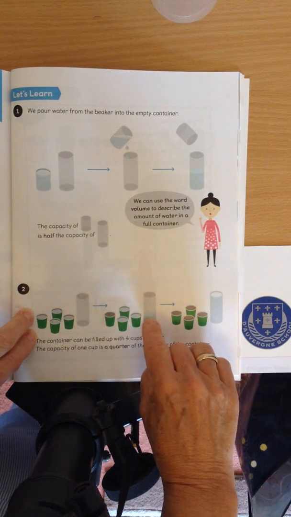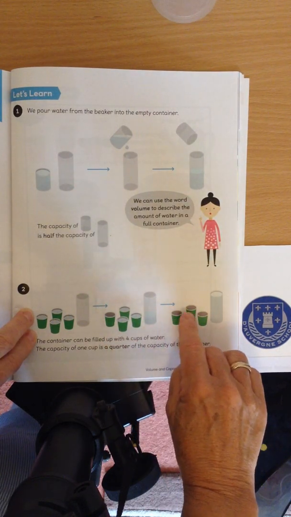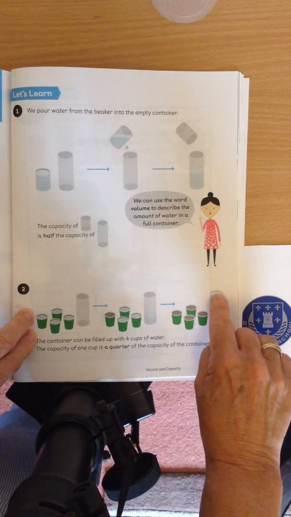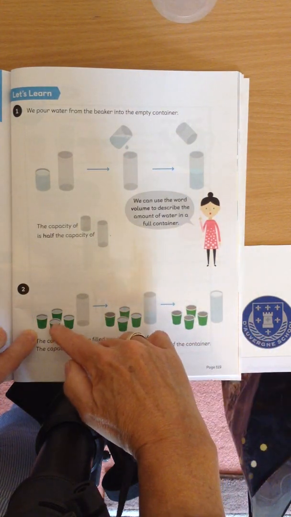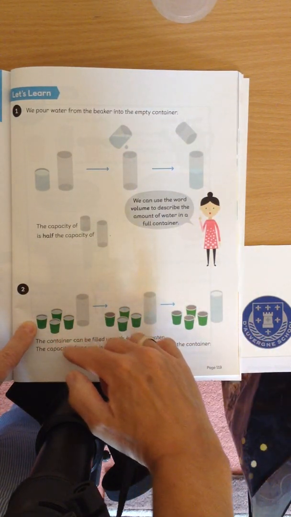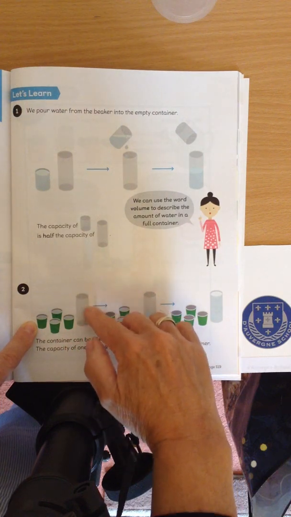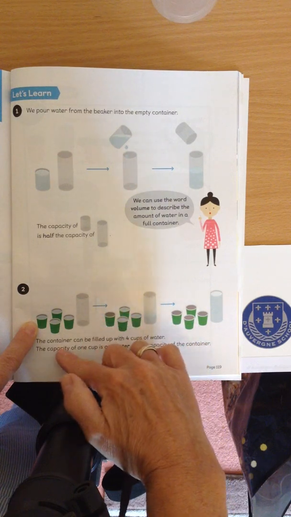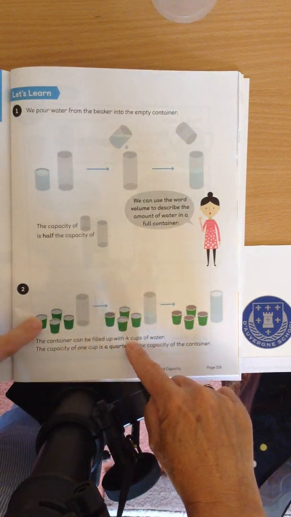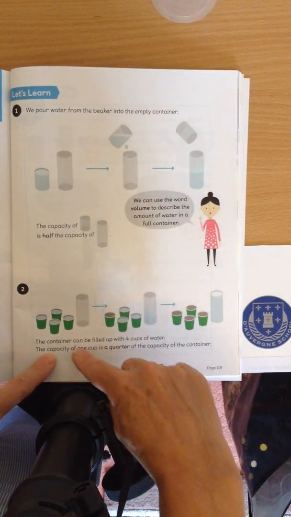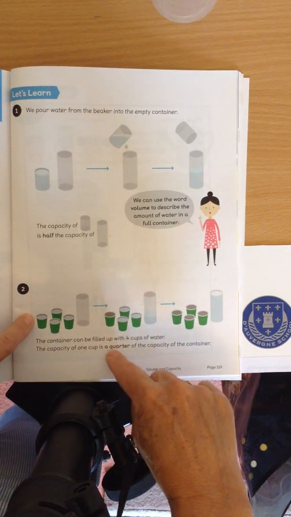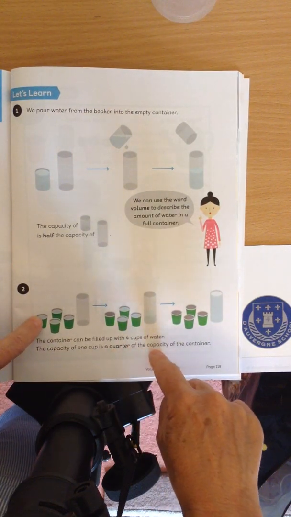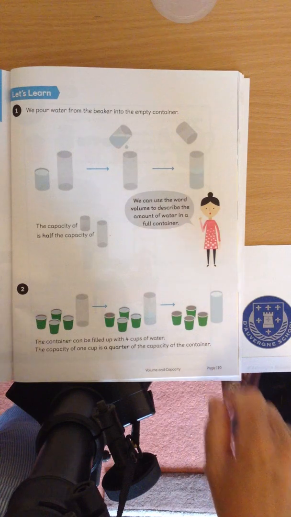We pour 2, 3, 4 in, and it's full. So the little green cup holds a quarter of the tall beaker. The container can be filled up with 4 cups of water. The capacity of 1 cup is a quarter of the capacity of the container.